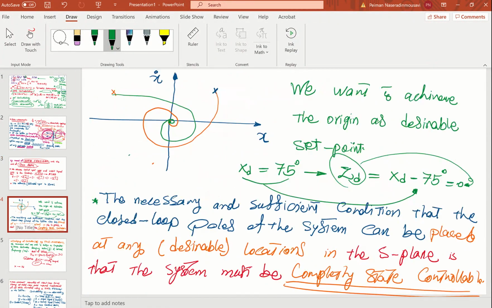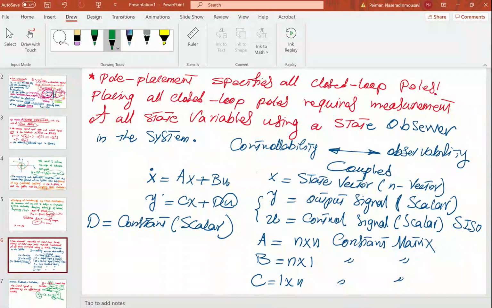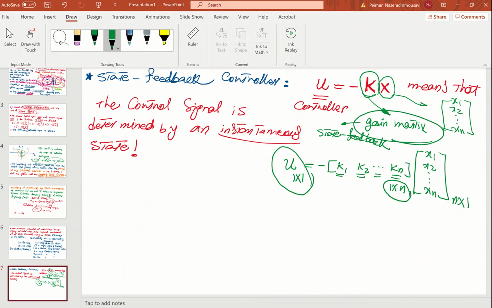And we said that the desirable thing we want to control to is the origin. You got it? So I'm going to continue in the next class, and we are going to determine this by deep mathematics.